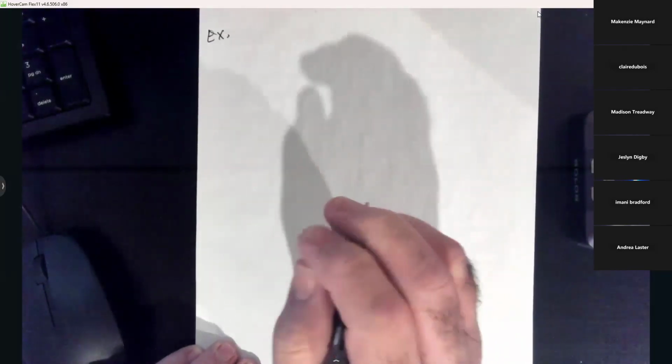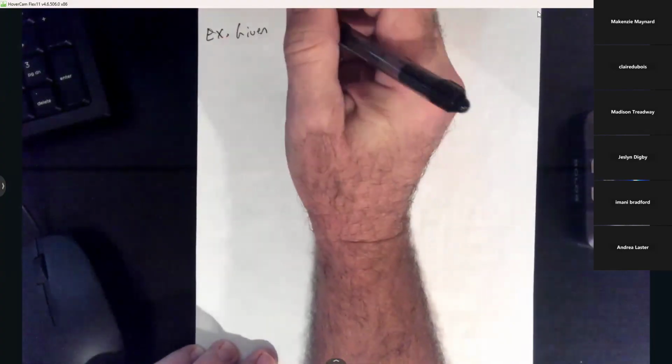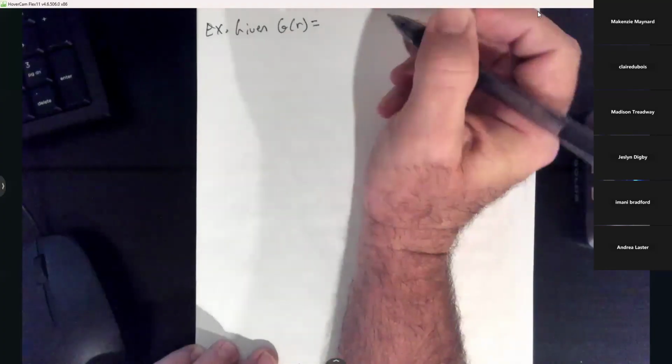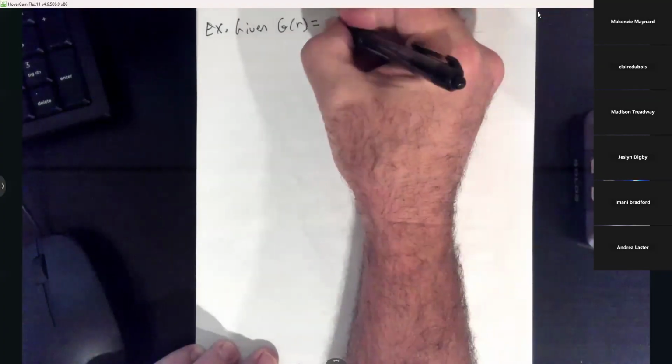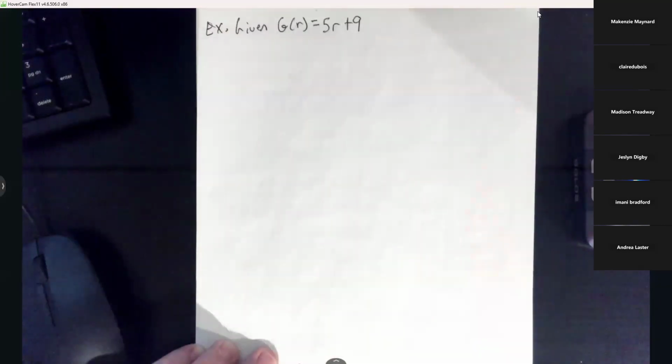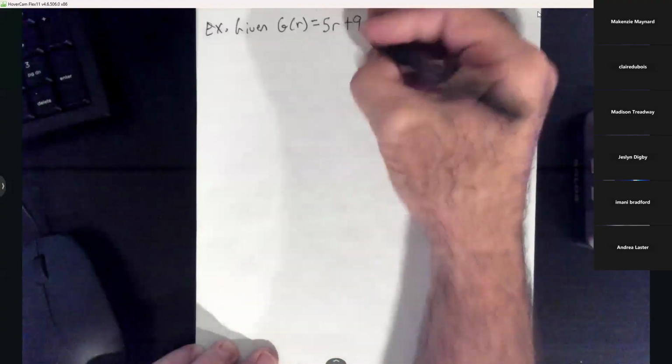All right, y'all. So let's see. On this one, we're given g of r equals 5r plus 9. So they only want me to find 3 on this.